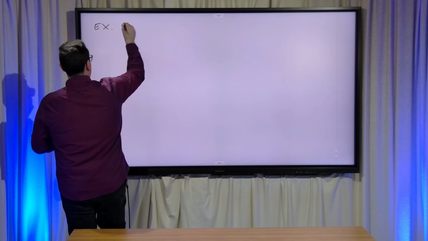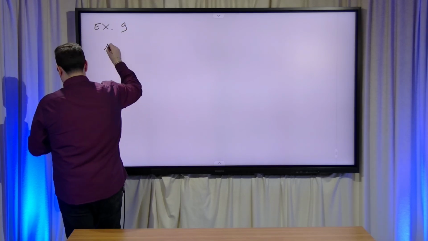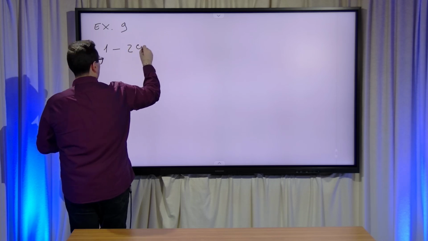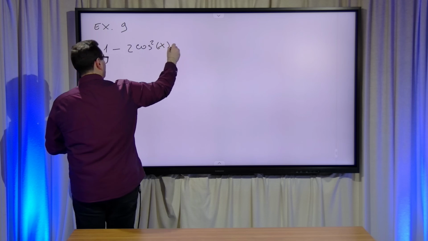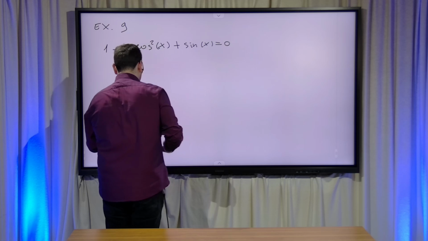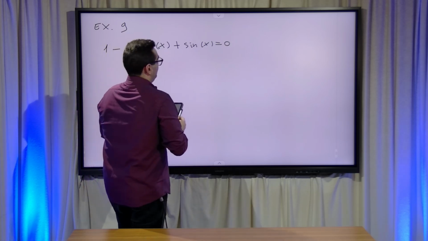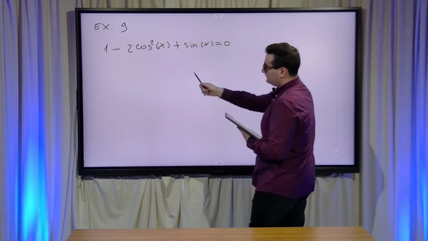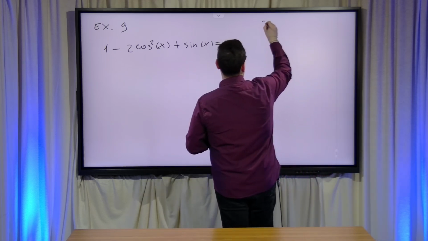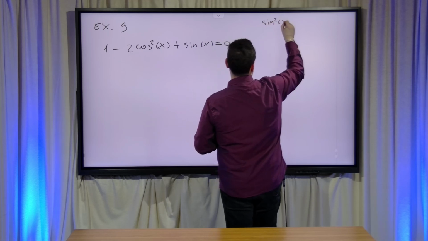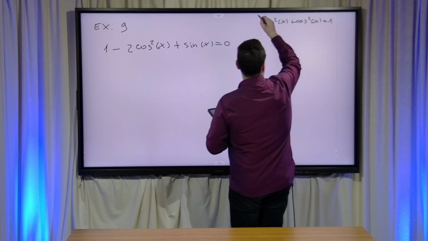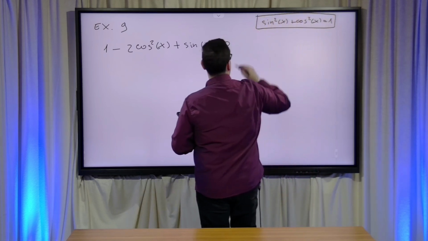Exercise 9. Another equation: 1 minus 2 times cosine squared of x plus sine of x equals 0. Now I can recall that the cosine squared, but before doing that I can write sine squared of x plus cosine squared of x is equal to 1, and this is the fundamental equation of trigonometry.